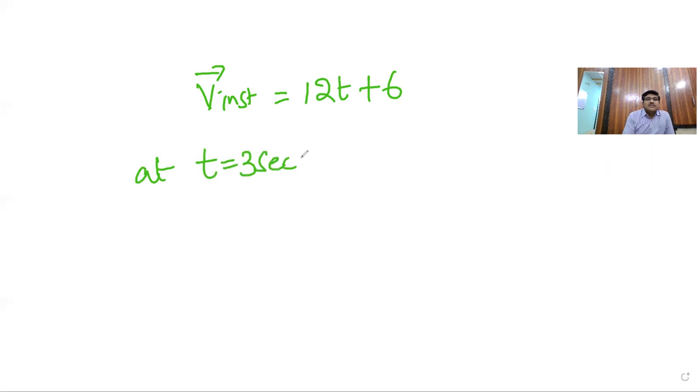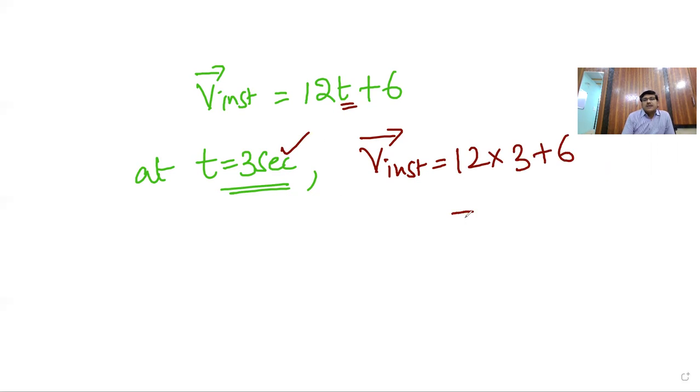So V instantaneous at t is equal to 3 seconds is 12 into 3, plus 6. 12 threes are 36, 36 plus 6 is 42. 42 meter per second is the answer.